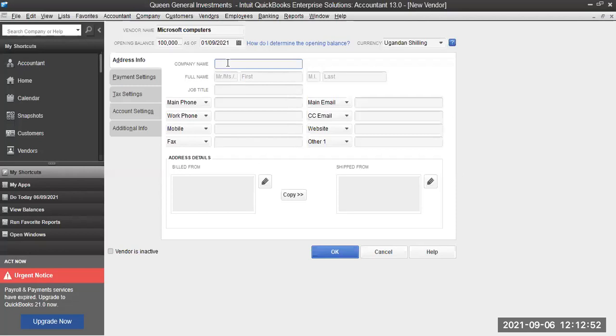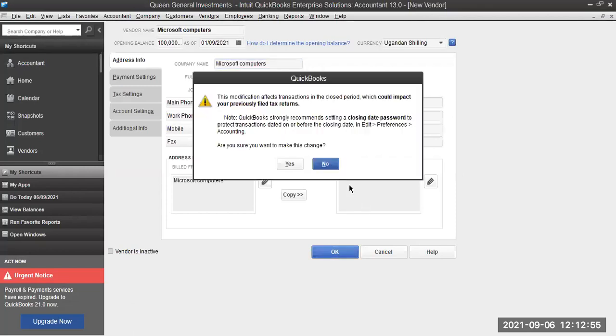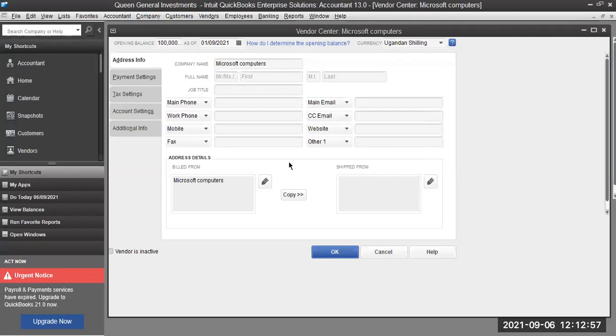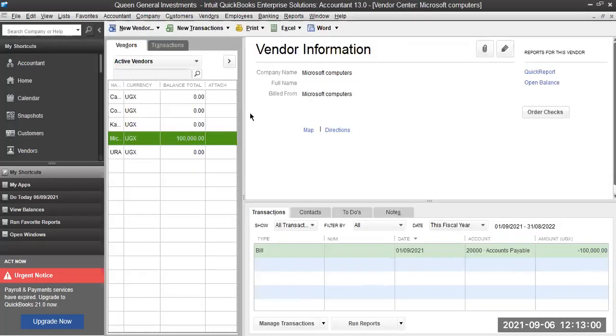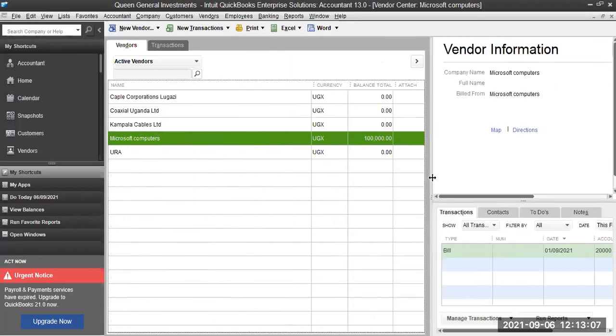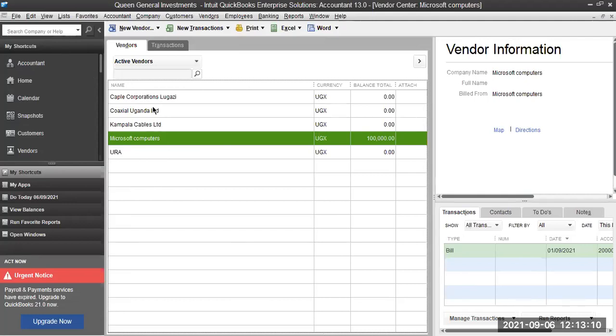Just for the issue of rectifying on the vendor, you see all these vendors here, Kampala Cables, Cosio and the Cable Corporations. At first they were demanding us, but we cleared up all their bills. And now Microsoft is demanding us some 100K, so we need to clear up this bill.